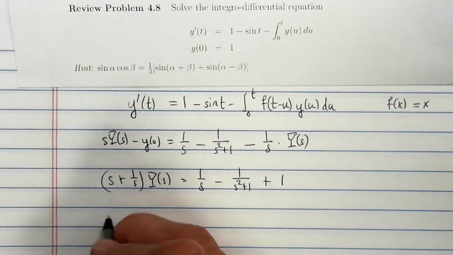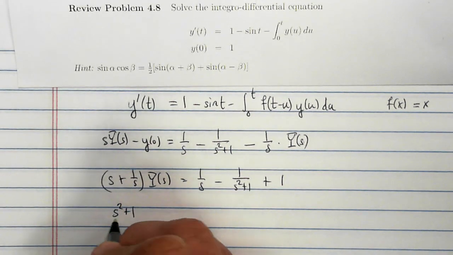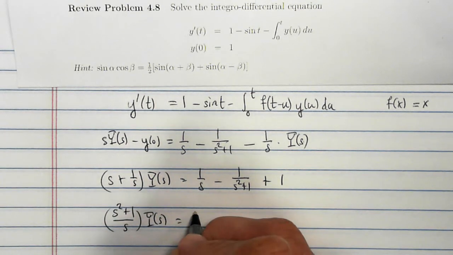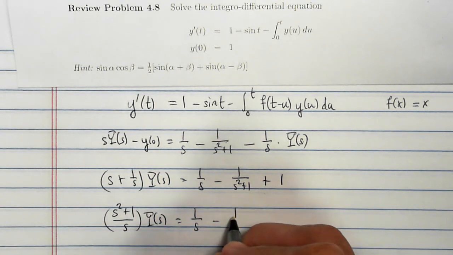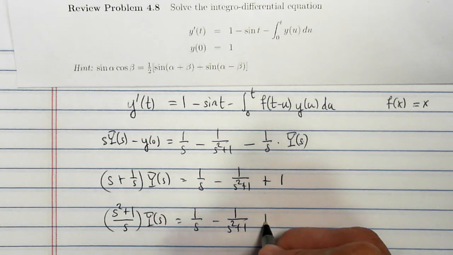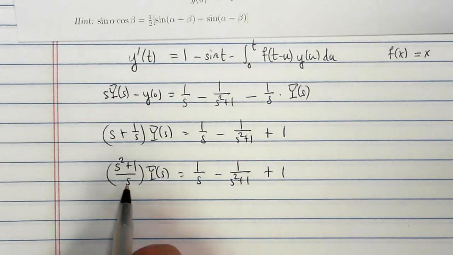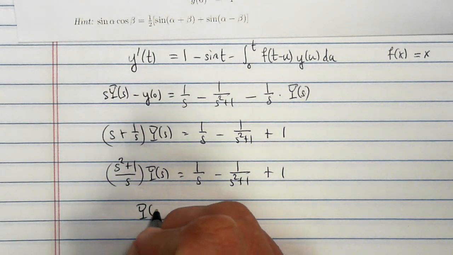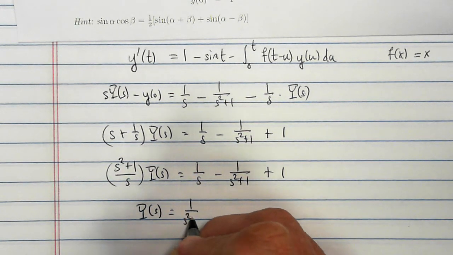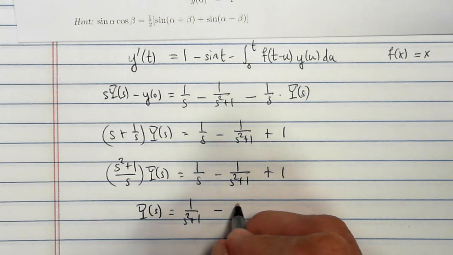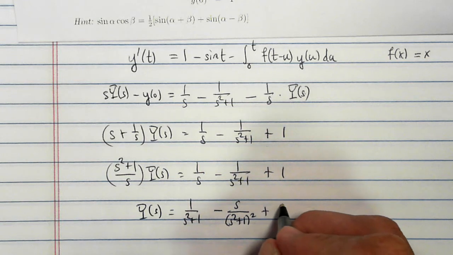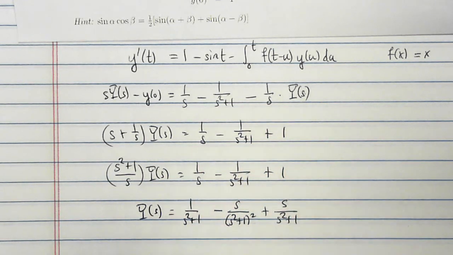Okay, this fraction here is s squared plus 1 over s times Y of s, which is equal to 1 over s minus 1 over s squared plus 1 plus 1. Then multiplying both sides by s over s squared plus 1, we get that Y of s is equal to 1 over s squared plus 1 minus s over (s squared plus 1) squared plus s over s squared plus 1.